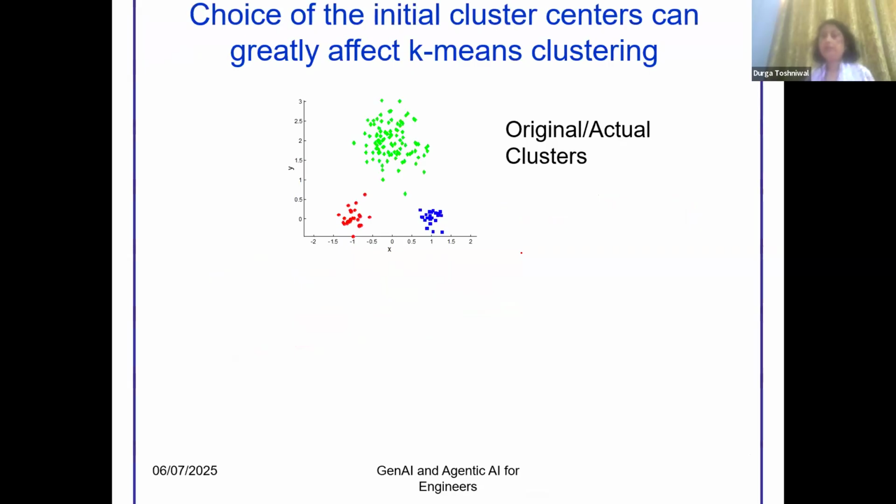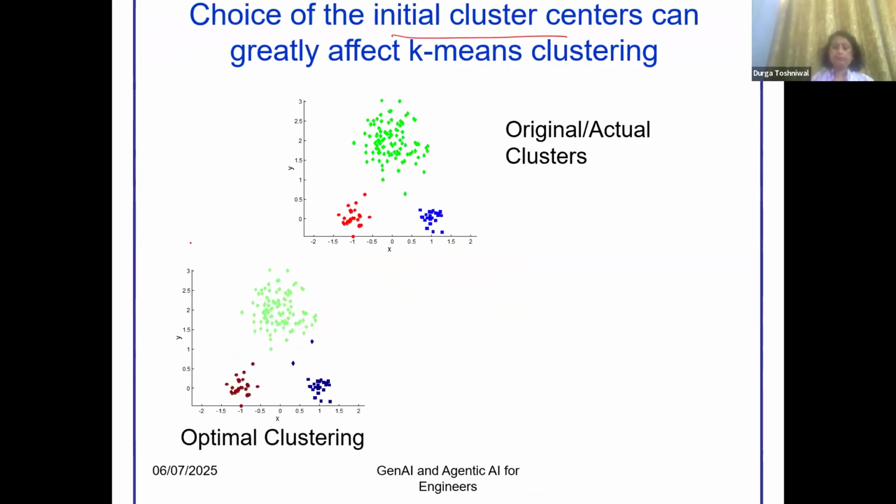So the first thing is how the initial cluster center choice will impact the clustering. Let's say these are the points and the colors show the natural grouping in the data. And let's say we know the correct number of clusters also, and the optimal clustering with a value of k equal to 3 looks like this one.